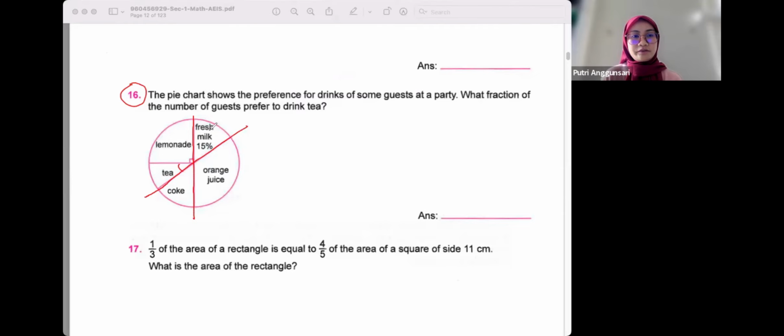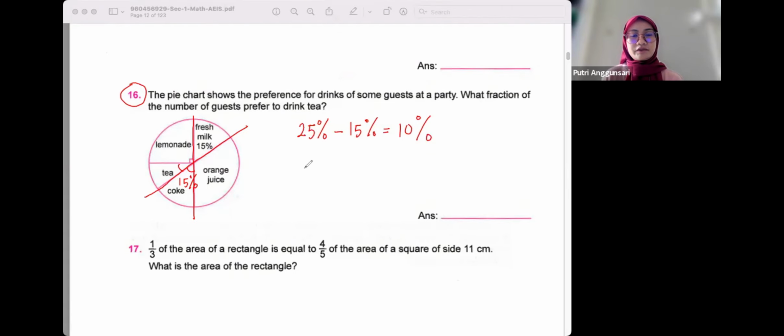So if this is 15%, it's also 15%. For tea itself, we just subtract from 25% because 25% is the same as the number of lemonade between P plus Q. So 25% minus 15%, we have 10% as the answer.